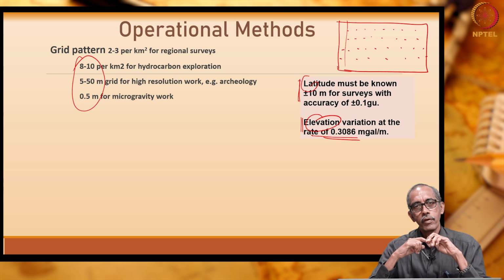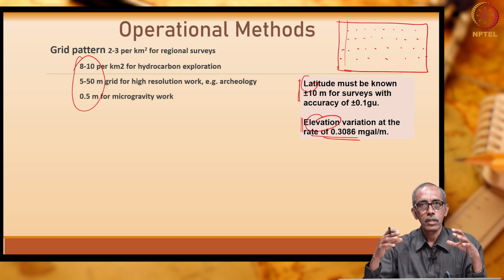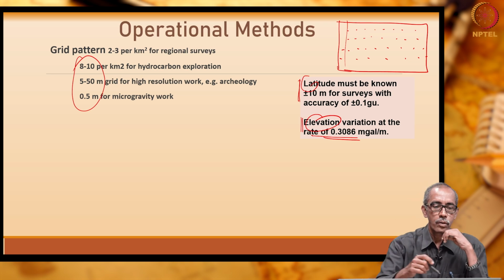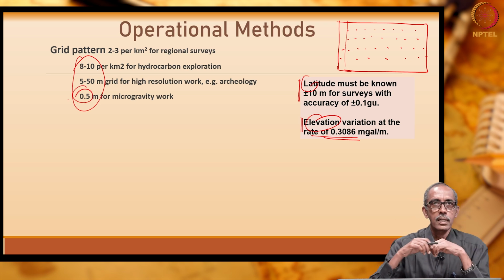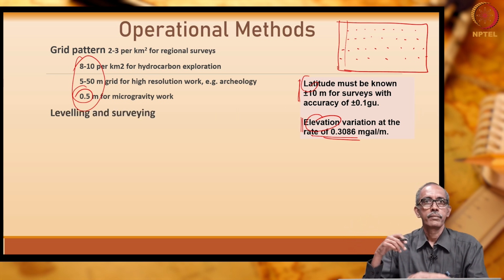If you are searching for an oil reserve, then the distance can be a few kilometers, right. Or if you are searching for an artifact within a small area, then you have to keep the stations at a much closer interval. So, usually we carry out gravity survey by grid pattern, but the distance between the stations depends on the aim of the survey.